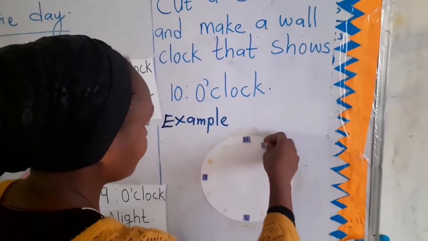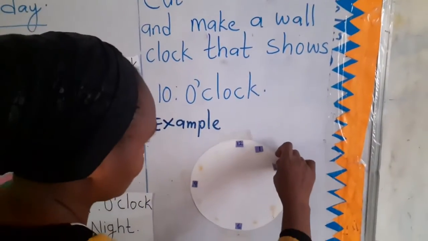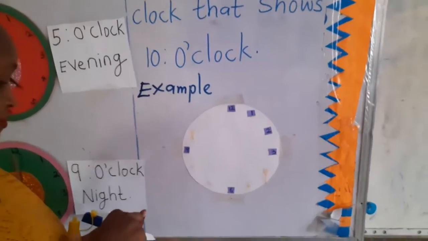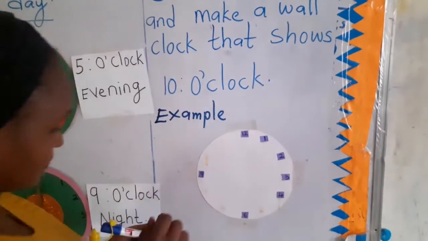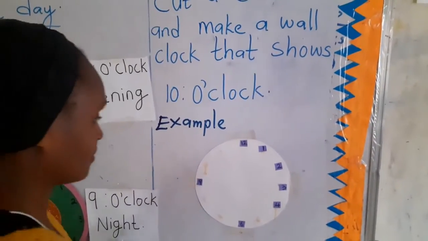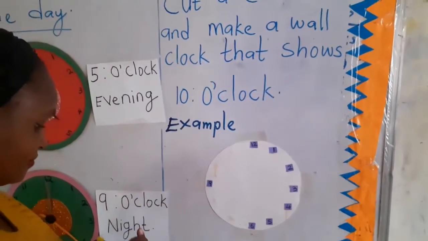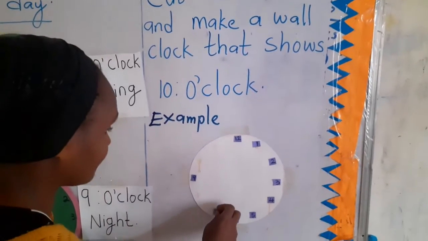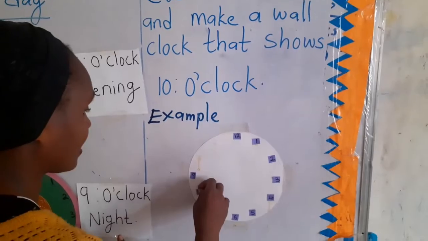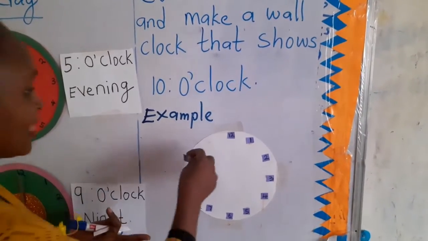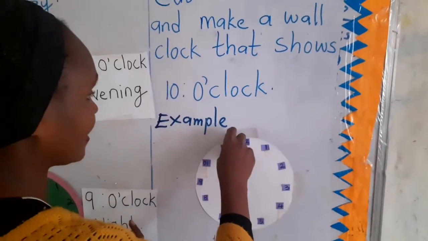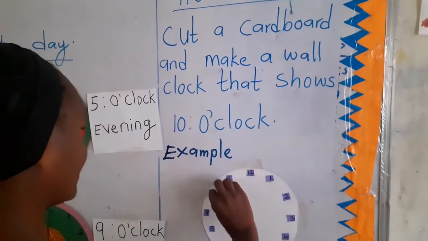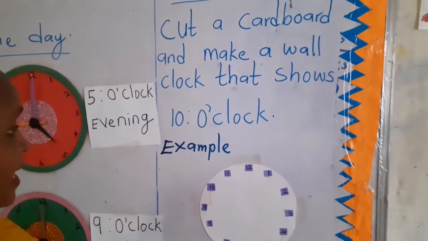Then your 1, 2, 3, 4, 5, you see 6, this is 6, 7, 8, 9, 10, 11. You see our 10, then 11.